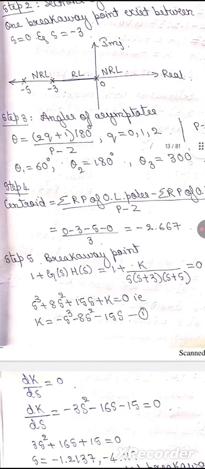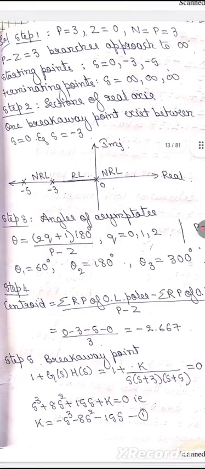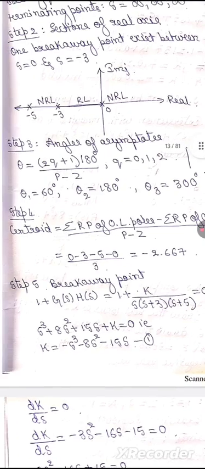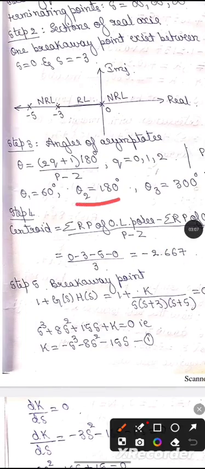So next is the angle of asymptotes. In the last videos also we have discussed this. The number of branches here is 3, so we need to find theta 1, theta 2, theta 3. First we substitute q as 0, next q as 1 and next q as 2. So theta 1 we get 60, theta 2 is 180, theta 3 is 300.